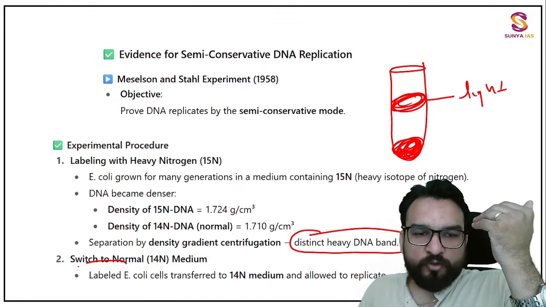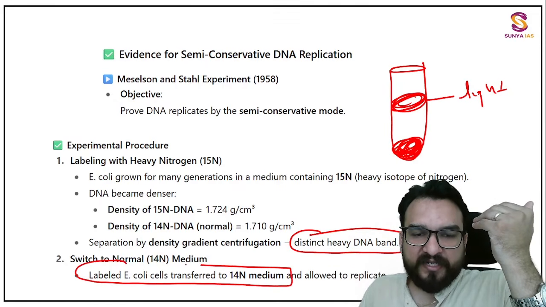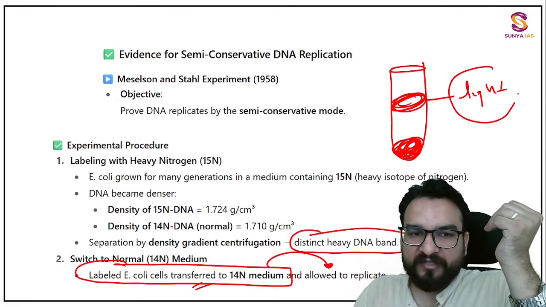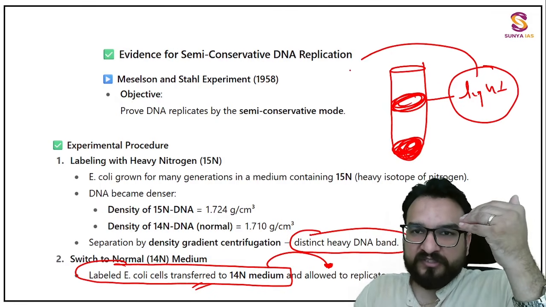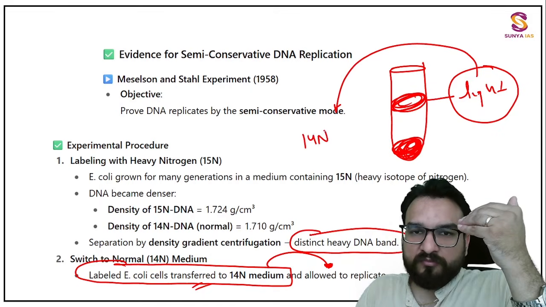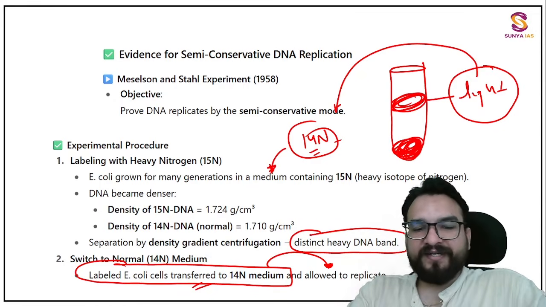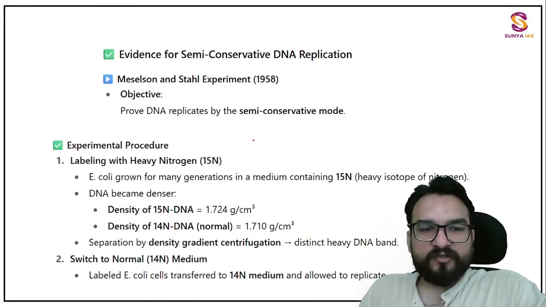Now labeled E. coli cells are transferred to 14N medium and allowed to replicate. That means the E. coli was transferred to the 14 nitrogen, lighter nitrogen medium and allowed to replicate, right? See what they are trying to say over here. You try to understand again. Look, we are not doing anything special. First we took the E. coli.